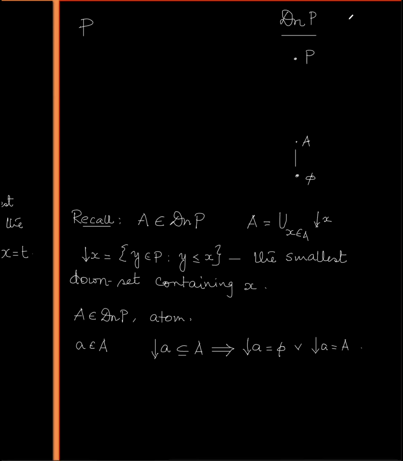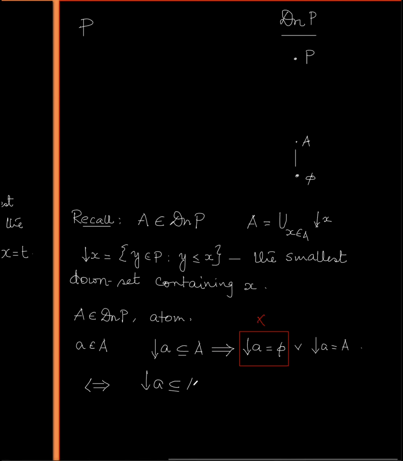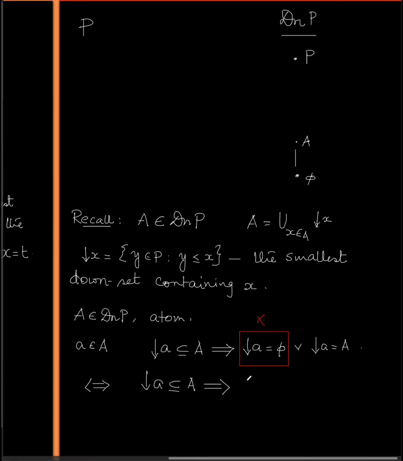But this one is not possible, as we know. So whenever I have an element in this atom, its principal downset is all of it.